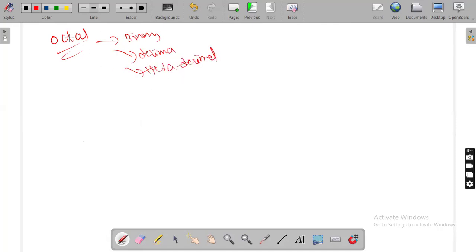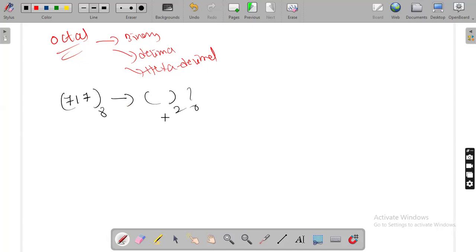Okay. Which number will you take? Let's take one example: 717. This is octal. Convert this octal to binary.